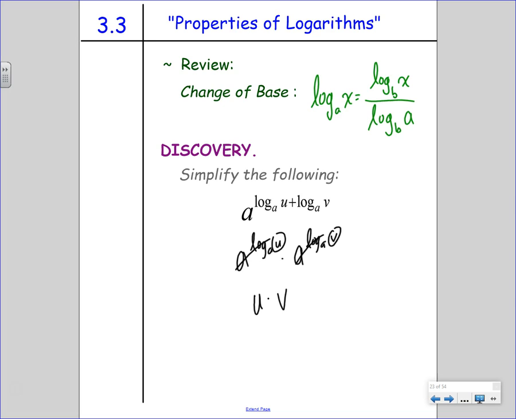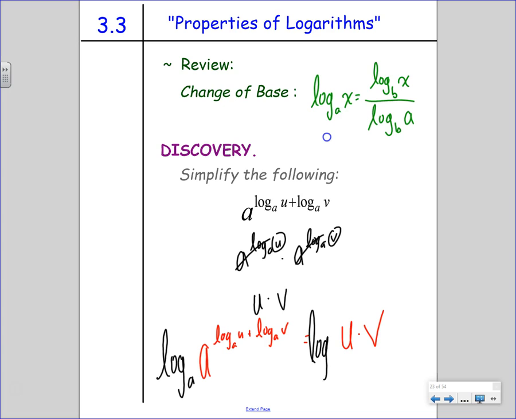Now this is where it gets really crazy. Because of this substitution, I can say the following. If a to the log base a of u plus log base a of v truly does equal u times v, then what I do to one side, I have to do to the other side.